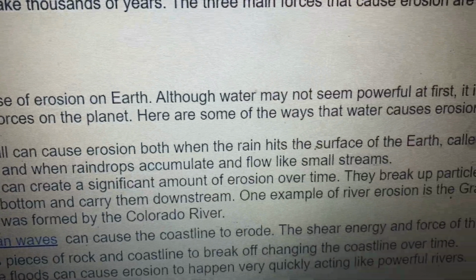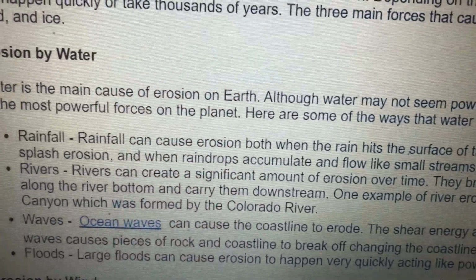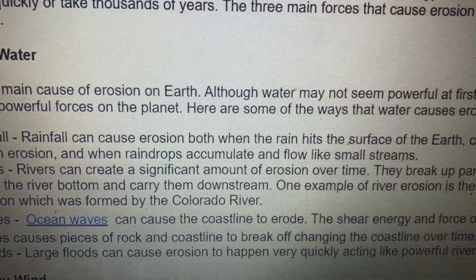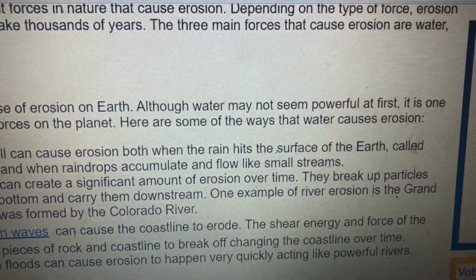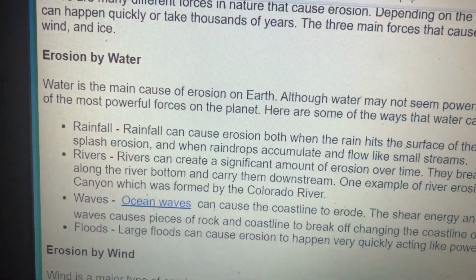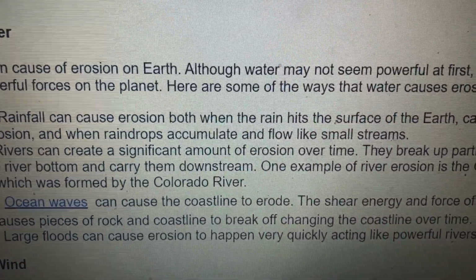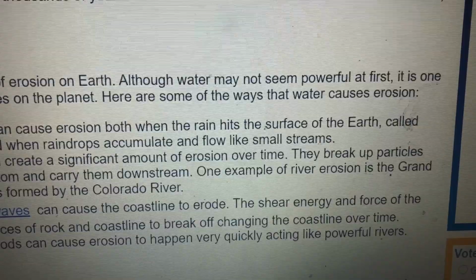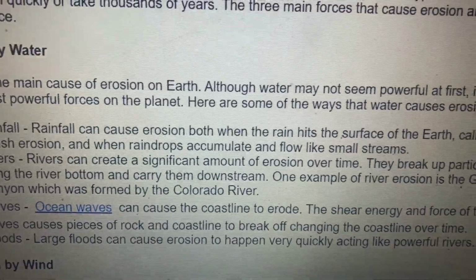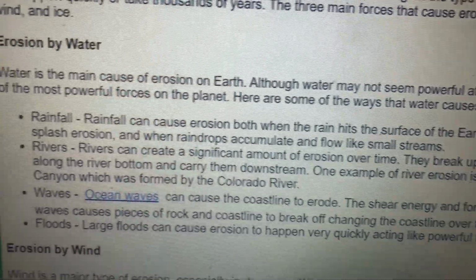Although water may not seem powerful at first, it is one of the most powerful forces on the planet. Here are some of the ways that water causes erosion. Rainfall. Rainfall can cause erosion both when the rain hits the surface of the earth, called splash erosion, and when raindrops accumulate and flow like small streams.